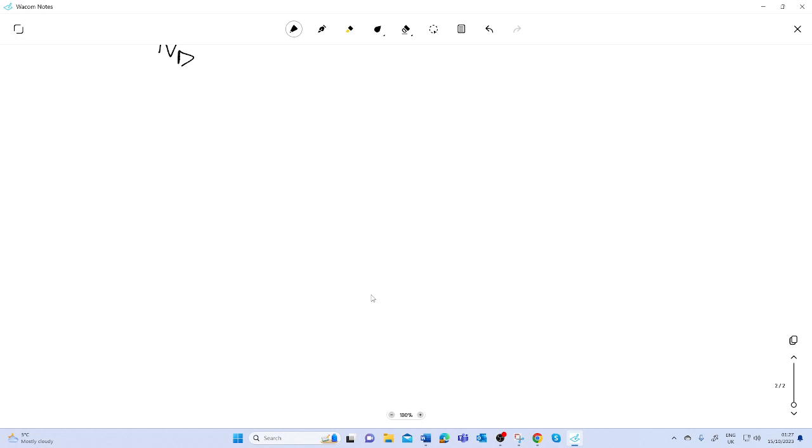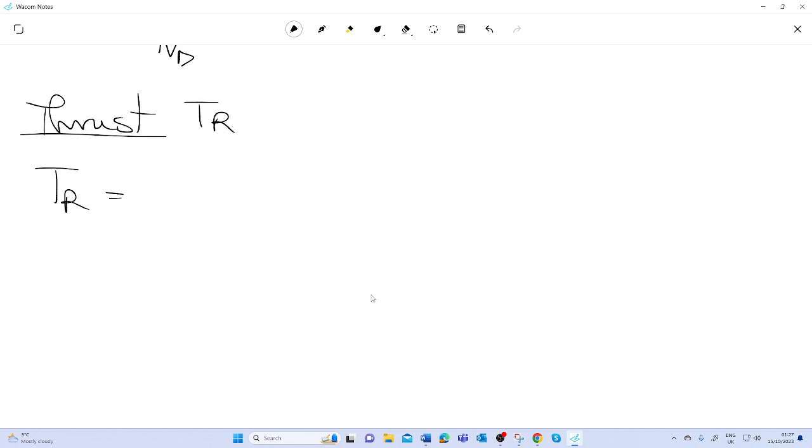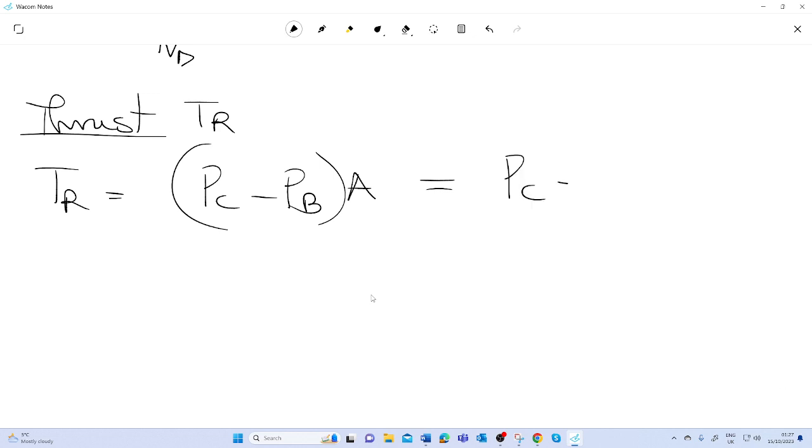And from here we can deduce the thrust T equals PC minus PB multiplied by area, which becomes PC minus PB times pi R squared.